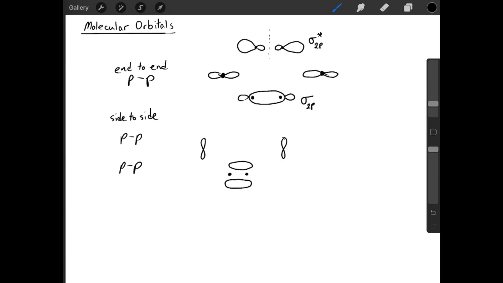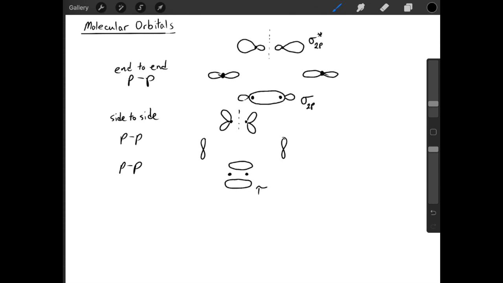In the antibonding orbital, you have a somewhat more easy to understand situation. In this case, you have the nuclei, and the electron density is clearly on the outside, pulling the nuclei apart from one another. Because these are side-to-side overlap, they are pi labeled.